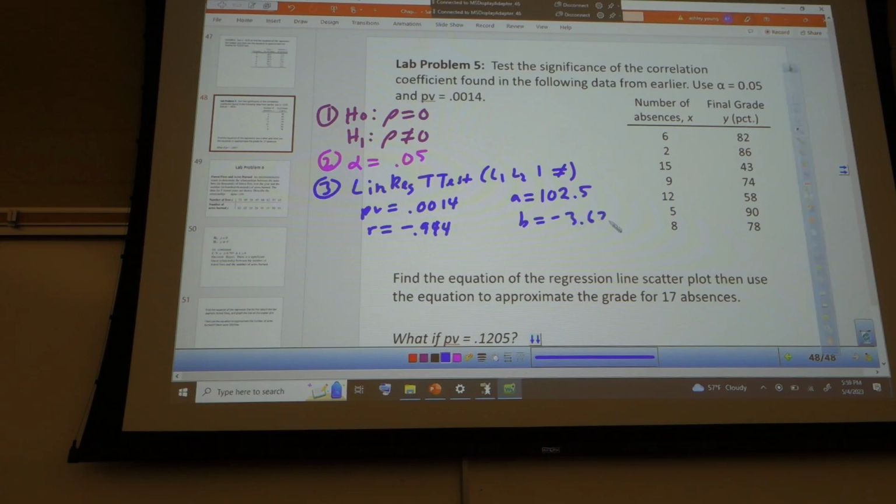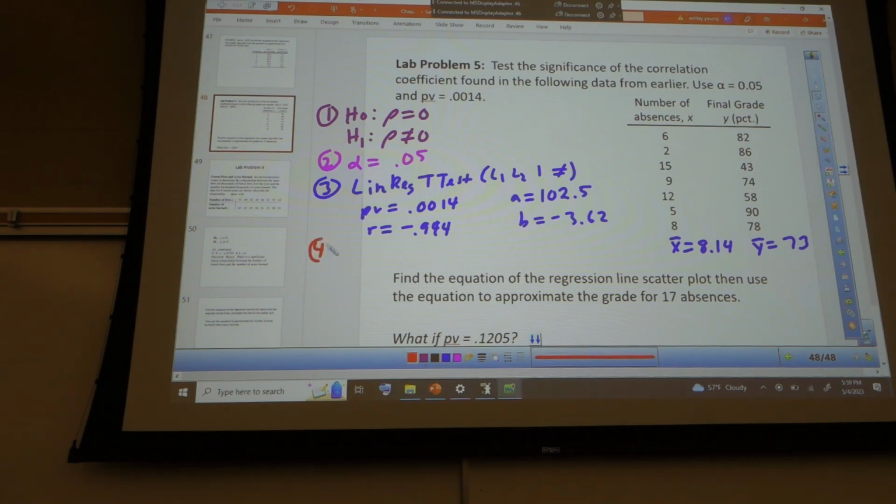Yes. Great. And then what was your X bar and your Y bar? Y bar is 73. X bar is 8.143. Okay. Good.